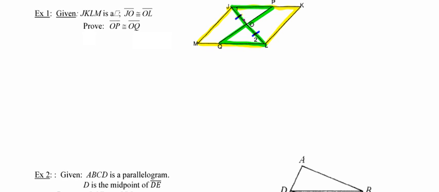I could use the vertical angles at O to get a pair of congruent angles. And because my yellow figure is a parallelogram, I know that the top side of the figure has to be parallel to the bottom side, giving me some pairs of congruent alternate interior angles. In other words, angles 1 and 2 are congruent, as are the alternate interior angles at point P and at point Q. So I actually have a couple different ways.